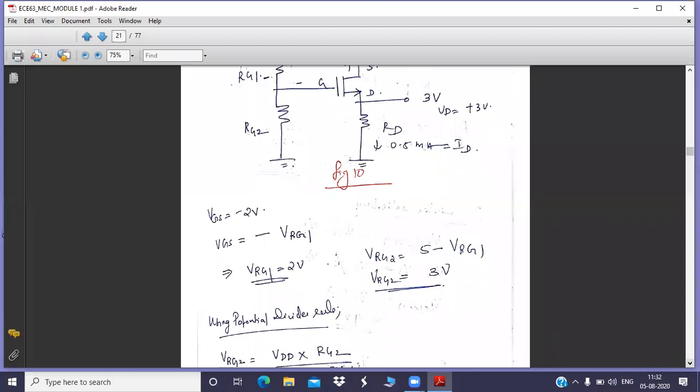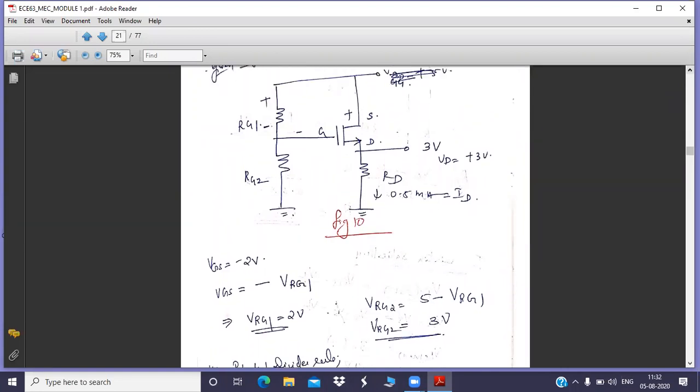So for this, you have VGS with you, isn't it? You already have VGS with you. So across this gate and source, which resistance can you find in the circuit? Tell me. Across the gate and source, you can find one resistance.